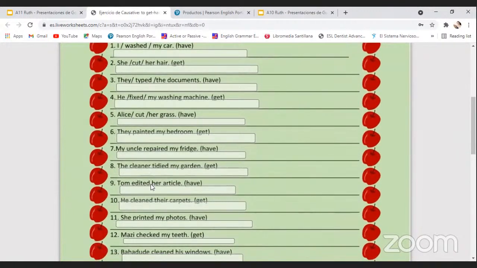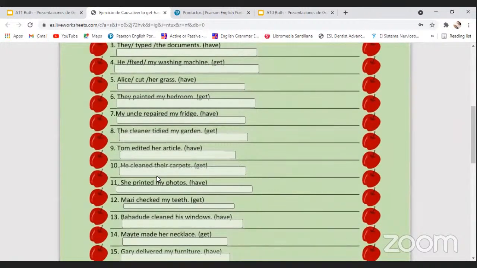Let me see in which we don't have a subject. I got my garden tilled by the cleaner. Yeah, in all of them you have to mention it. In this one, for example, I got my garden tilled by the cleaner, right?